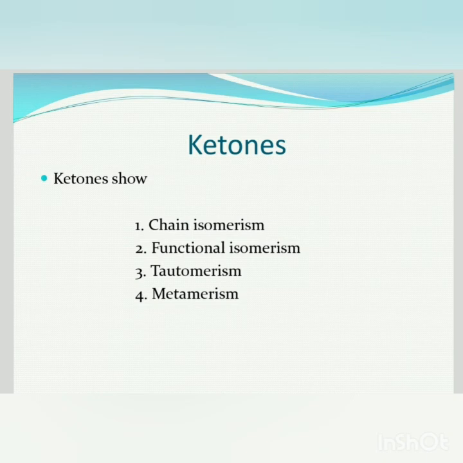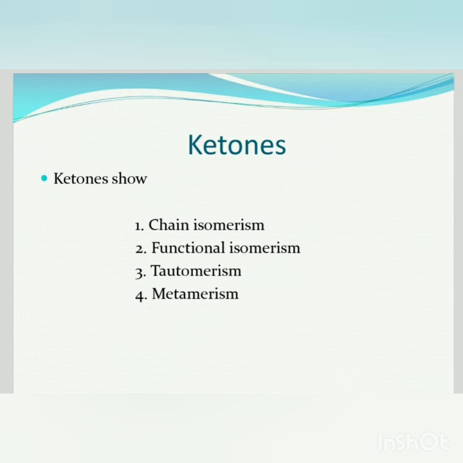So first we learn the definitions of isomerism. Number one is chain isomerism. The compounds which have the same molecular formula but differ in their carbon chain are known as chain isomers, and this phenomenon is known as chain isomerism.